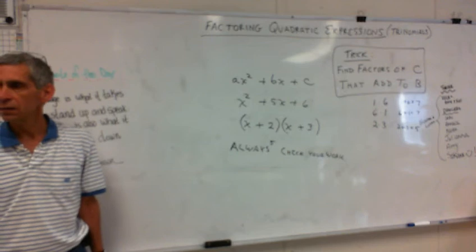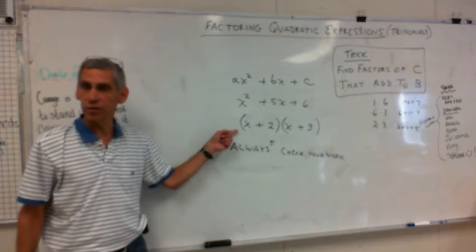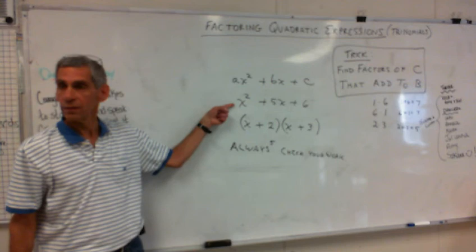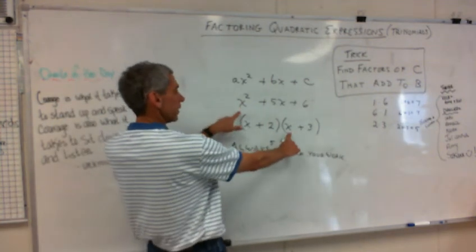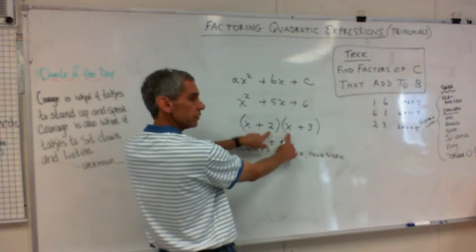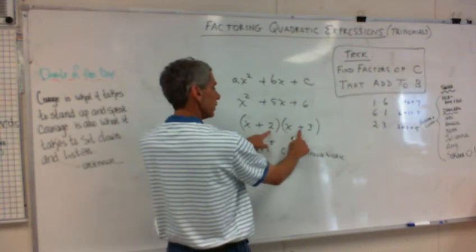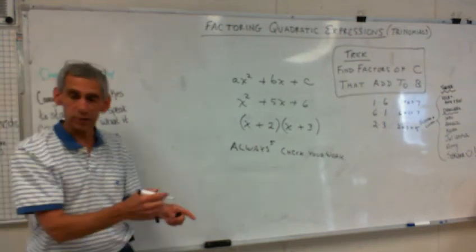Use the answer in the beginning of the problem. So what process would you use to turn this back into this? FOIL. So first, x squared. X times x is x squared. Outside, 3x. Inside, 2x. 3x plus 2x is 5x. 2 times 3 is 6. We did it. Piece of cake, right? All right, so let's try a few.